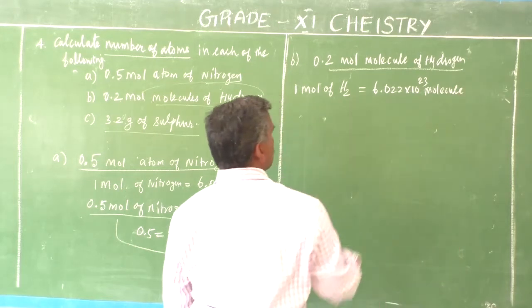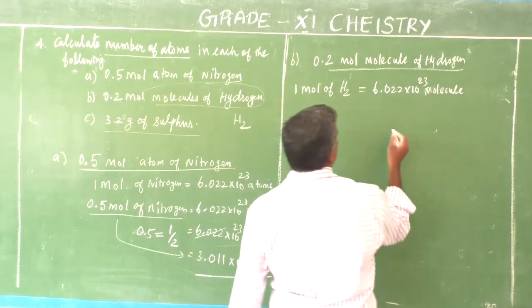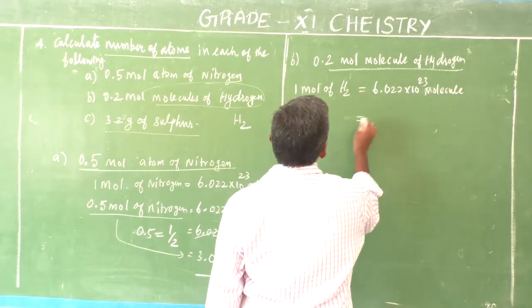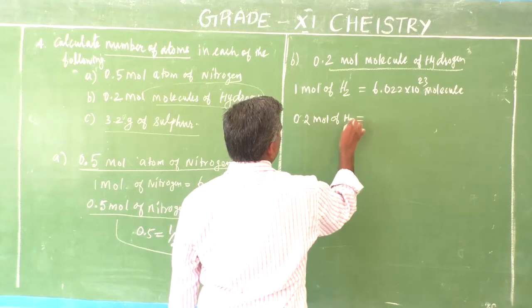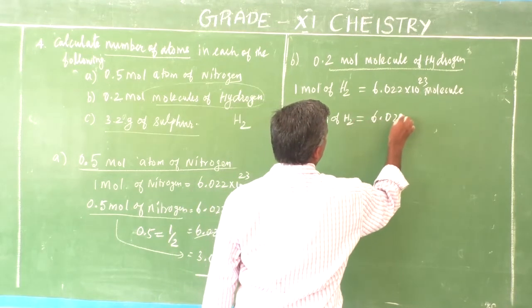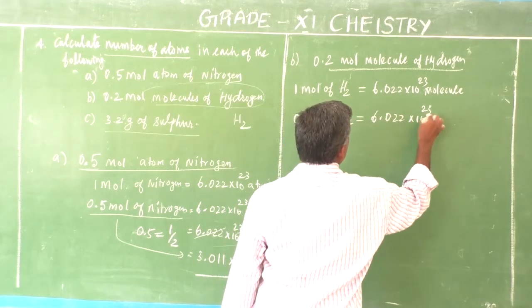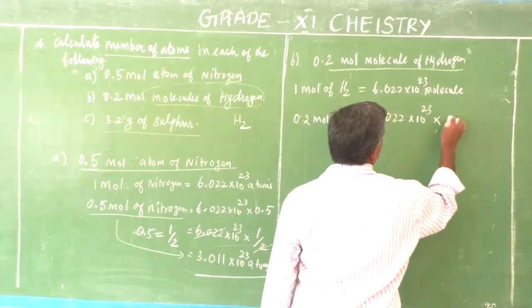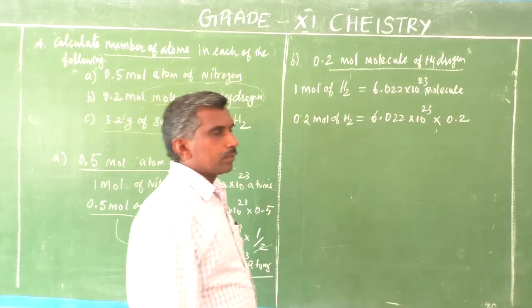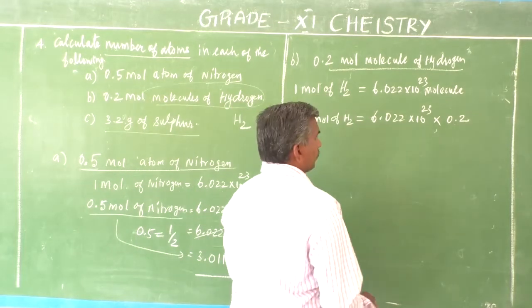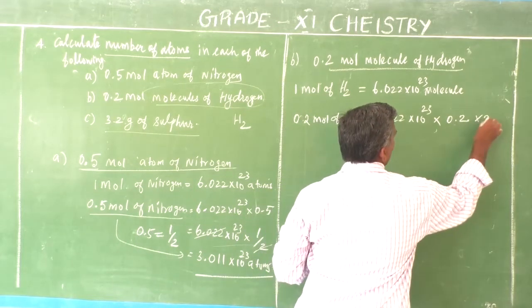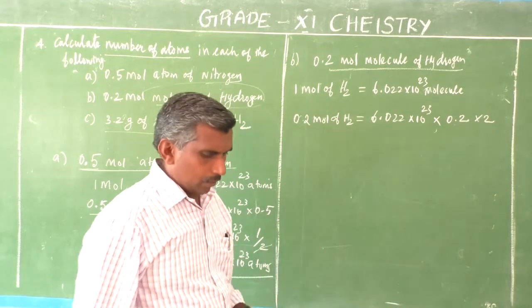Now 0.2 mole of hydrogen is equal to 6.022 into 10 power 23 into 0.2. So this is molecules. Now 1 molecule is equal to 2 atoms.